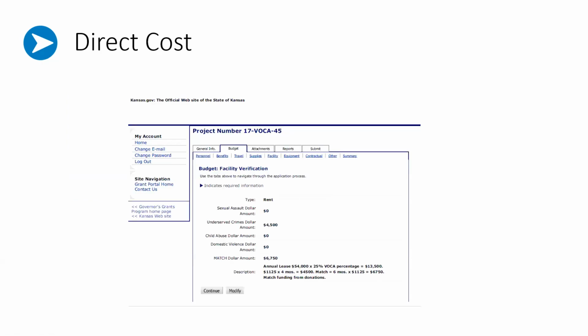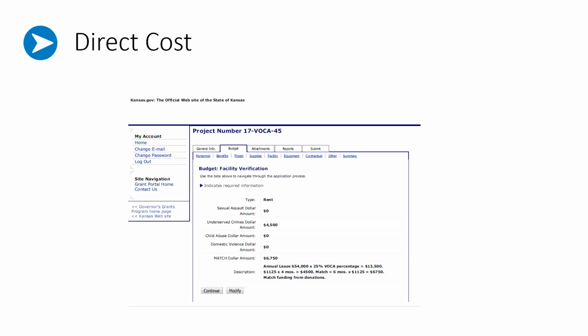Let's go to our VOCA grant again and see how they handle direct costs. And remember, a lot of the things they have up here would fall into direct costs, like travel, supplies, facility, equipment, contractual. That might all be direct costs. So in this case, they put down rent, and they've charged $4,500 to the grant, and $6,750 they say they are contributing as match.